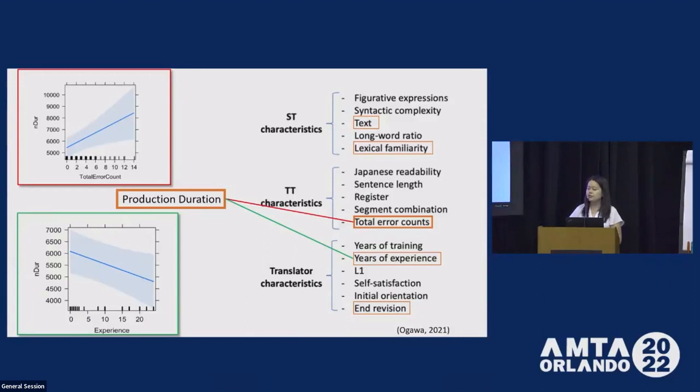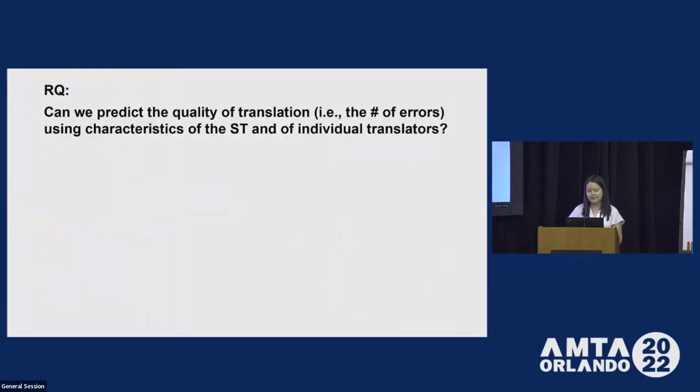So I decided to conduct a similar study, now using total error count as a dependent variable in order to examine whether experienced translators produced fewer errors in my dataset. So my research question is, can we predict the quality of translation, defined here by the number of errors, using source text and translator characteristics?